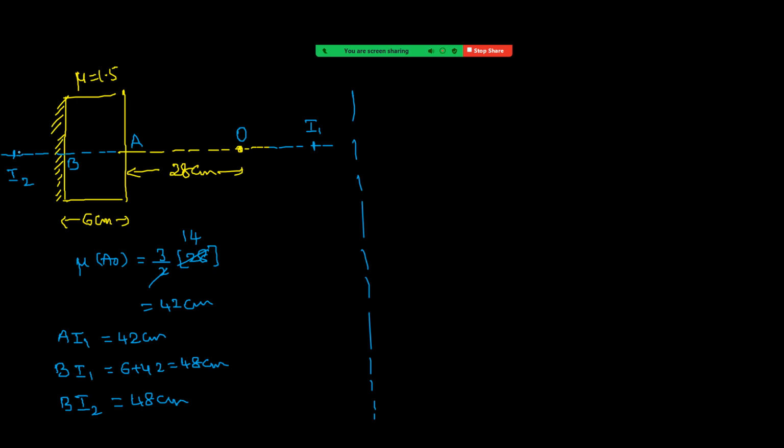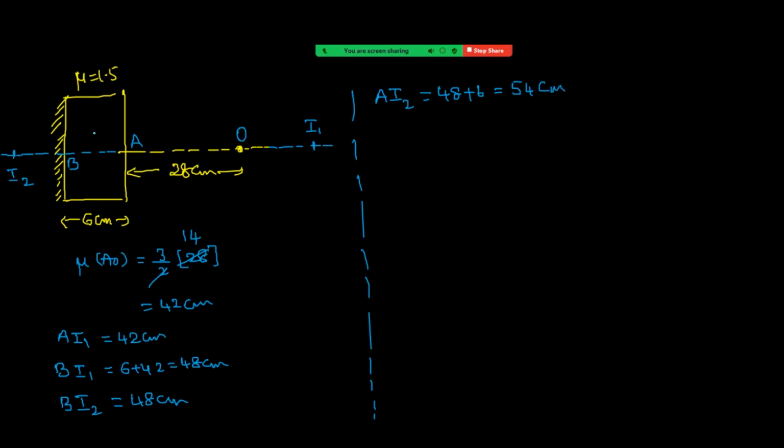Okay. Therefore, its distance from A, that is AI2, is BI2 48 plus 6. It is now 54 centimeter.